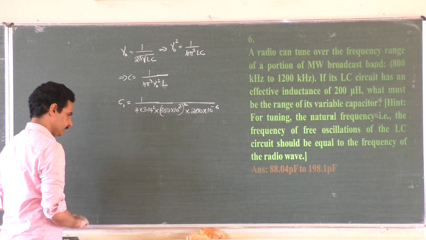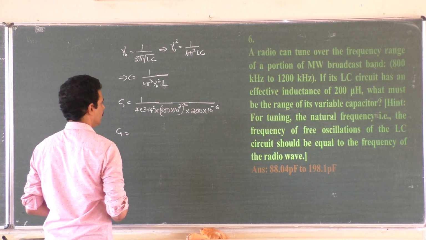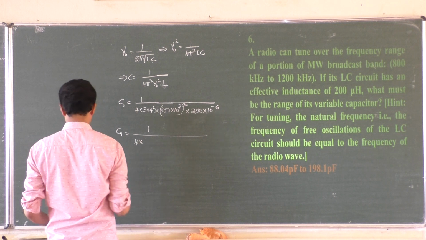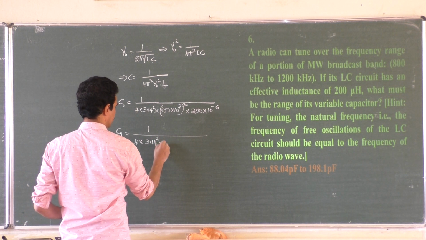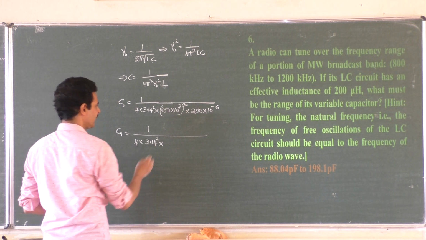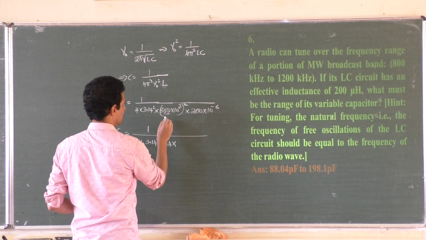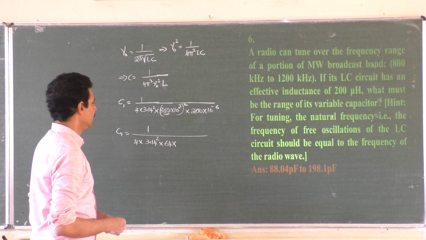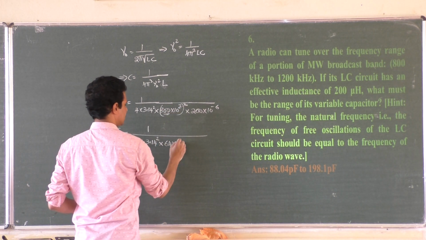C1 is equal to, oh, this is a big one, 4 into 3.14 square. Then, shall I take two zeros and write separately? 64 into 10 to the power 5, 800 into 10 to the power 3, this is 100, this is 1000, 10 to the power 5. 10 to the power 5 whole square is 10 to the power 10.